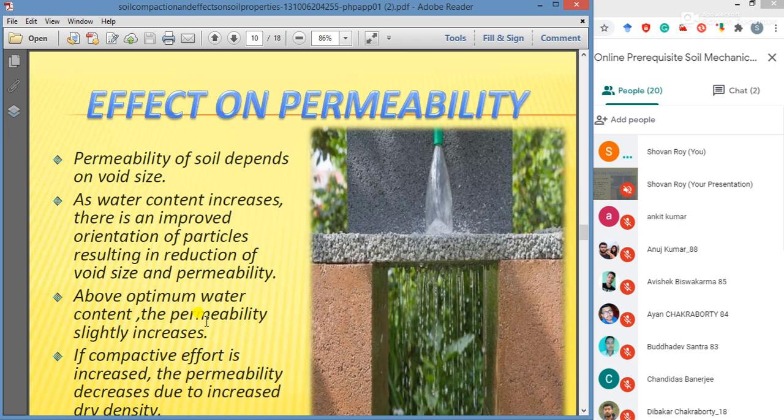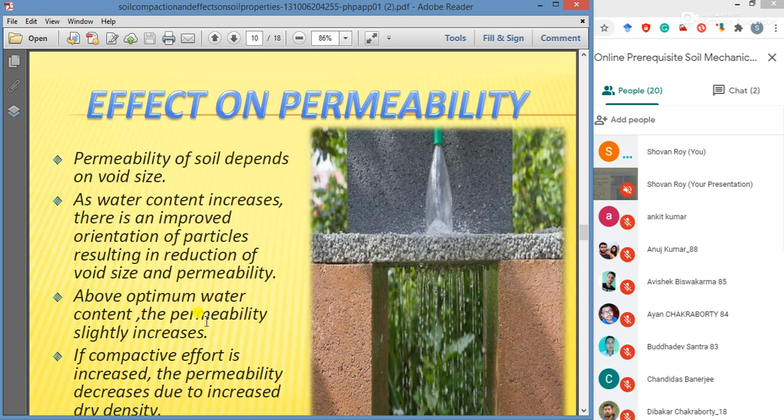So normally we perform our test on dry sample, because if the soil is in wet condition, then normally this fine grained soil, clay soil, will try to float, try to segregate from each other.